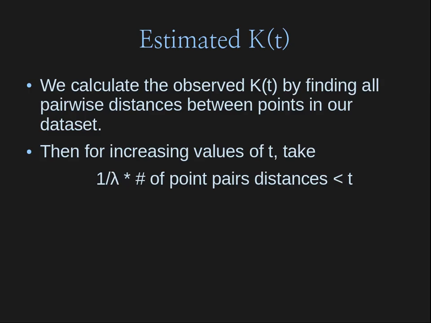Then we multiply by 1 over the density, and that should come out to essentially just the area. This is an approximation: the number of point pairs with distances less than t is a surrogate for the area times the density. So if we take 1 over the density, we should just get the area back if it's random.